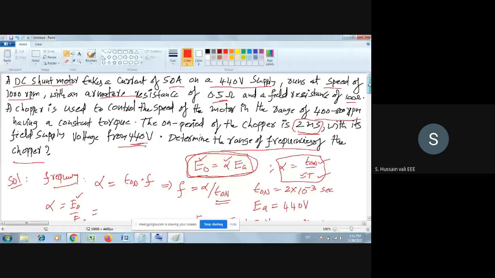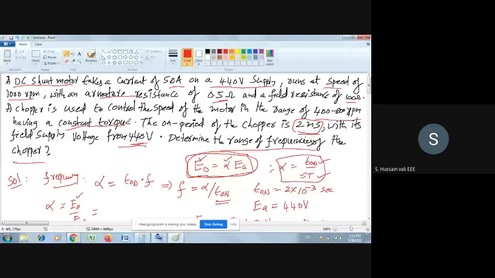Please see here. One important statement he has given: a chopper is used to control the speed of the motor in the range of 400 to 800 rpm, having a constant torque. So the torque is constant, which means the armature current you can consider as constant.